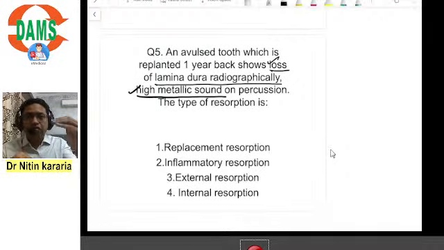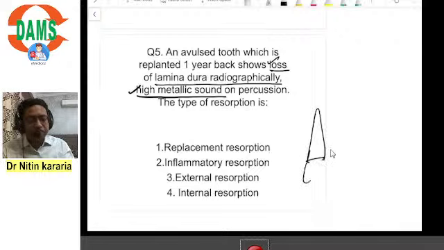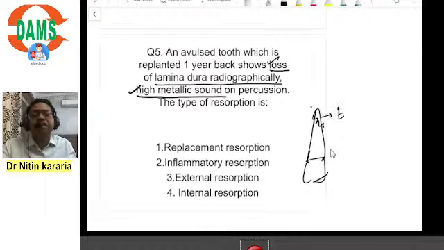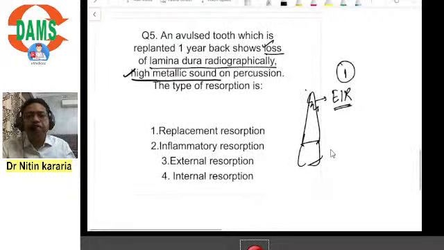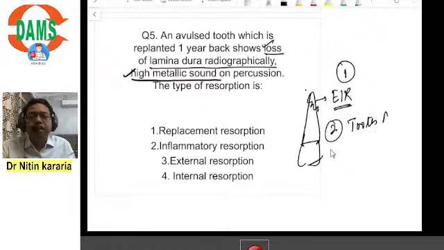The root would start resorbing. It is a replanted tooth and there would be resorption of the root, which is called external inflammatory resorption, abbreviated as EIR. This is the most frequent outcome of an avulsed tooth, and the second most frequent outcome is tooth ankylosis.